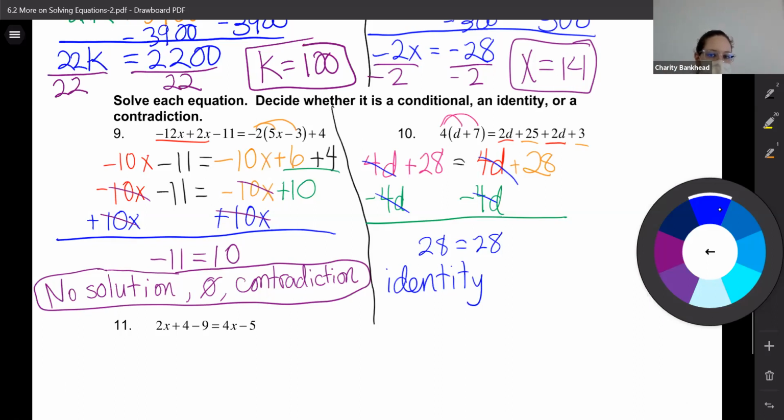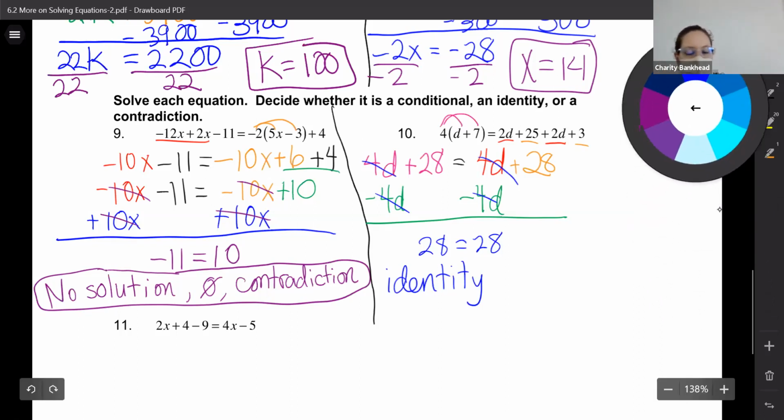And the solution, there's an infinite number of solutions, all real numbers, which can also be written like this, as negative infinity to infinity.